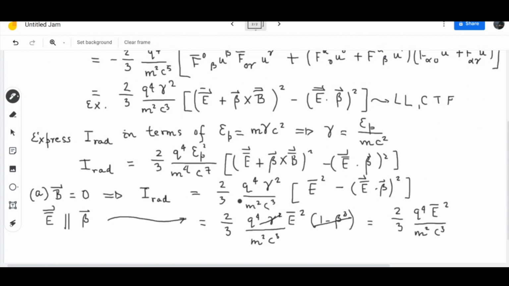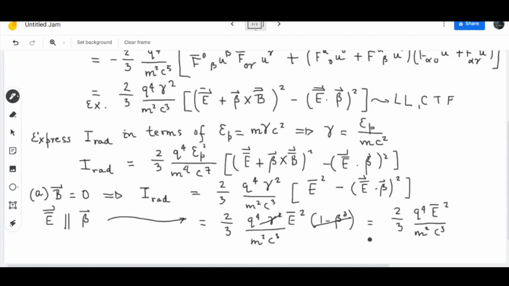So this is the one case in which, if the electric field of a relativistic particle is parallel to the direction of the velocity, the electric field causes an acceleration, and the radiated intensity has nothing to do with the energy of the particle.